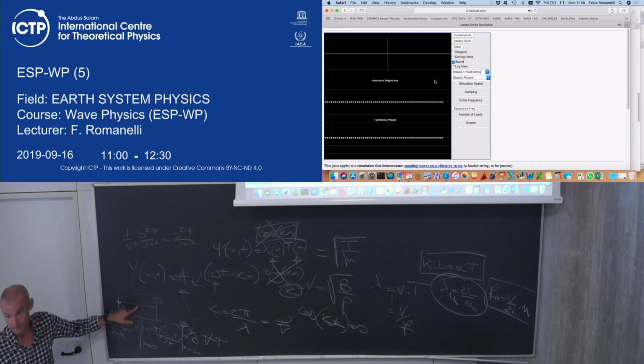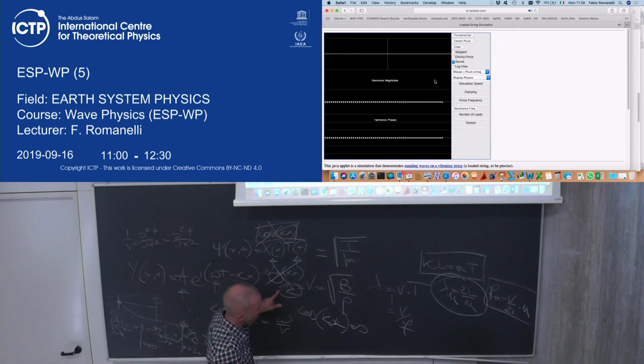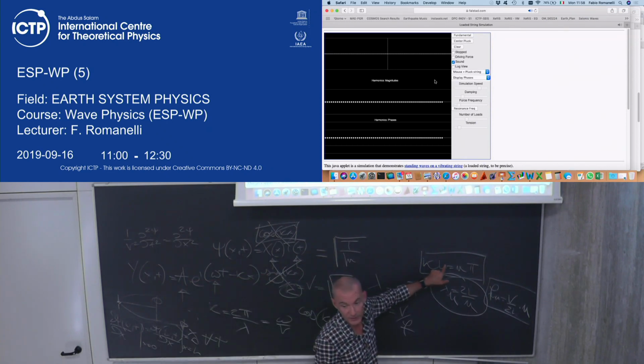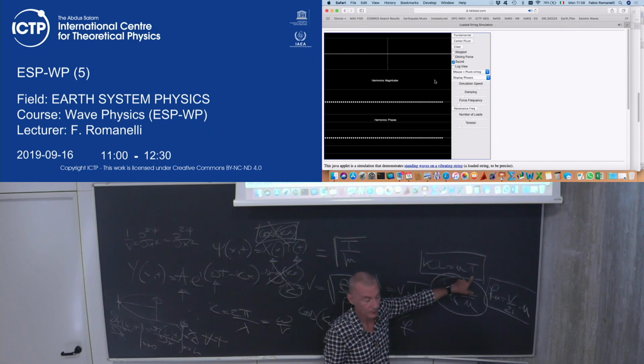So it will be a sine for this boundary condition. But it has not to be 0 at L. It has to be maximum. So you're going to change this. And you have to be careful, because it has to be over 2, but this cannot be an even number.